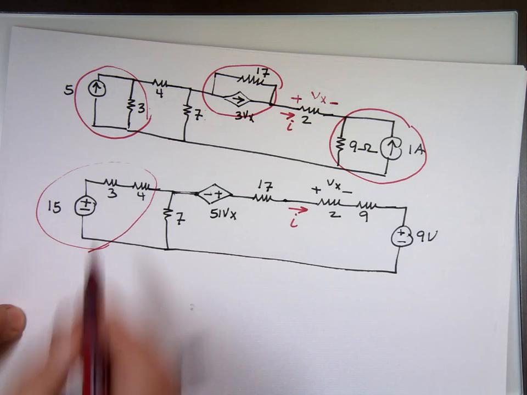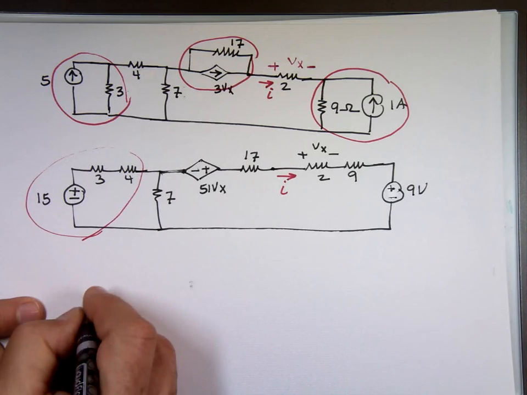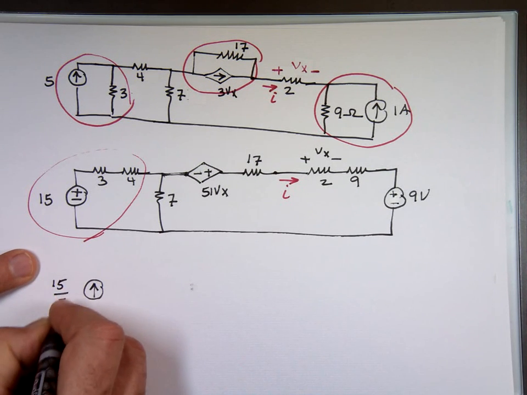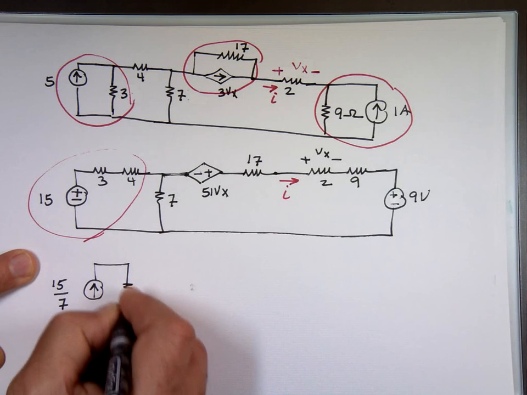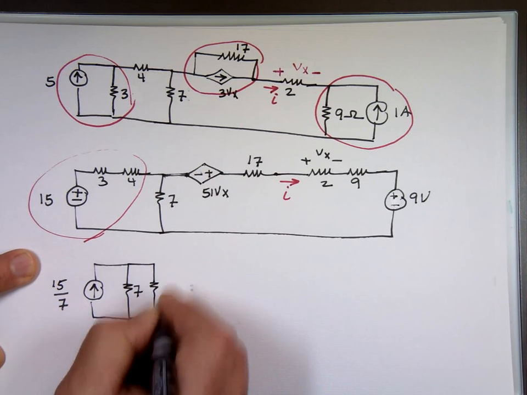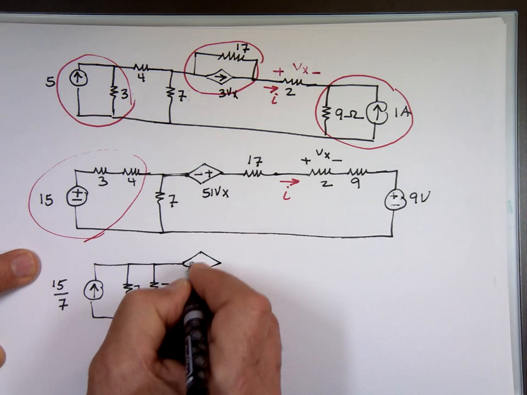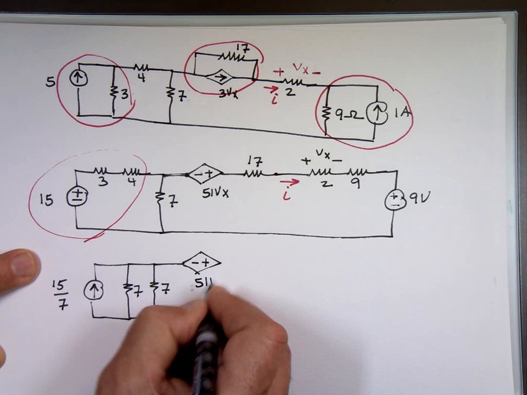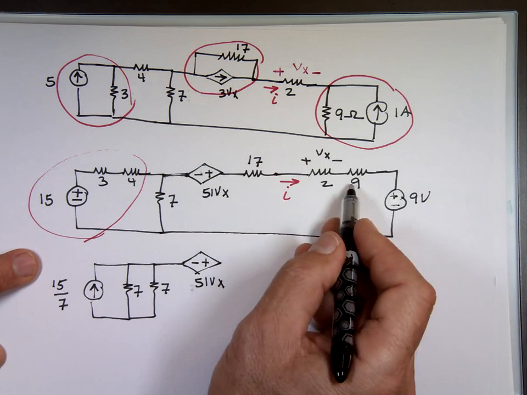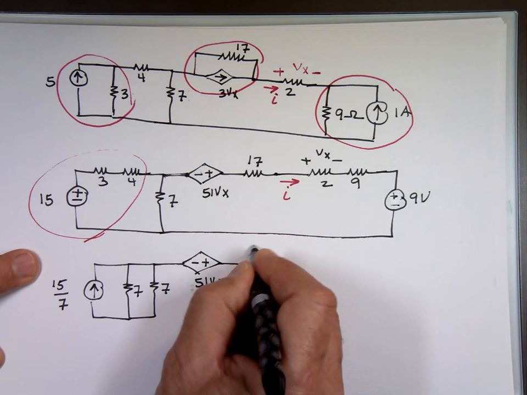So I can do a source transformation, make that a current source pointing upward, 15 over 7. 7 here, 7 here. I can take the 17 and the 9, put them together. Don't worry if there's a resistor between them. What's 17 and 9? 26 ohm.